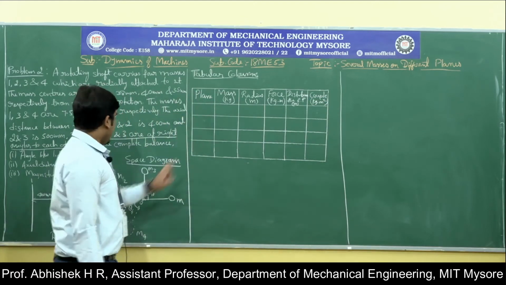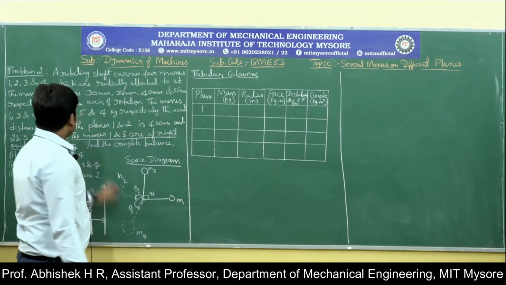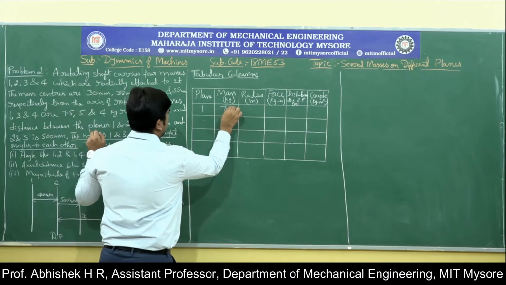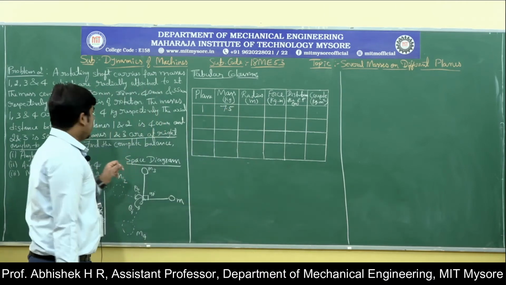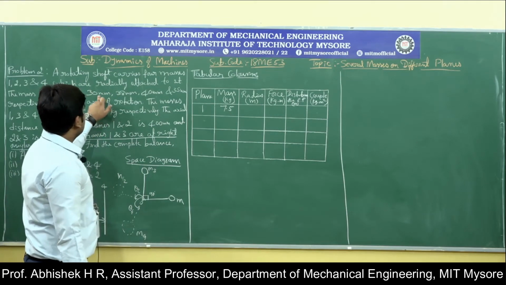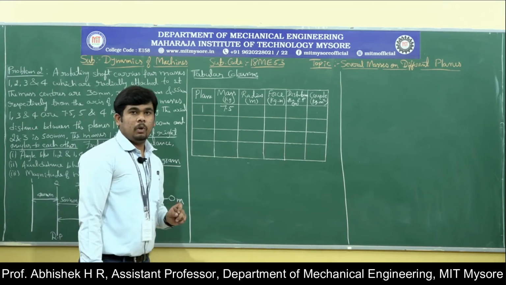Now we have plane 1. The mass of plane 1 is 7.5 kg, and the radius of rotation of plane 1 is 30 mm, which means 0.03 meter.